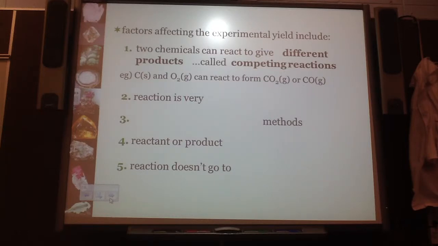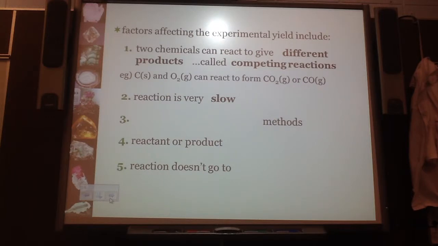Also, a reaction could be very slow. Say you write out your chemical equation, well, in order for that to happen, say it would have to take 10 years. Say you want to take iron and measure iron oxide after it's been rusted, okay? Well, you're going to have to sit there with your iron for a long time.